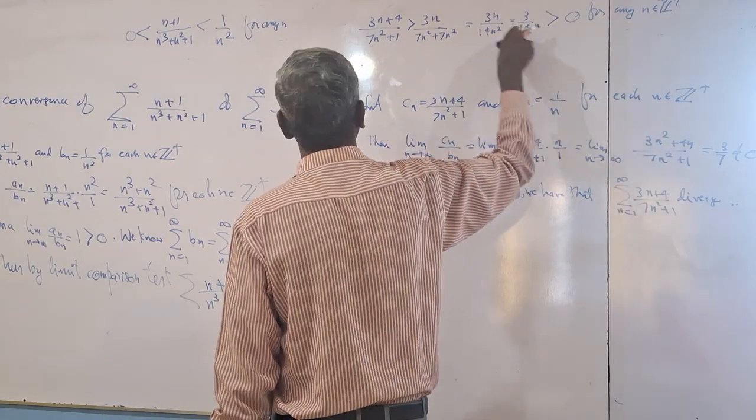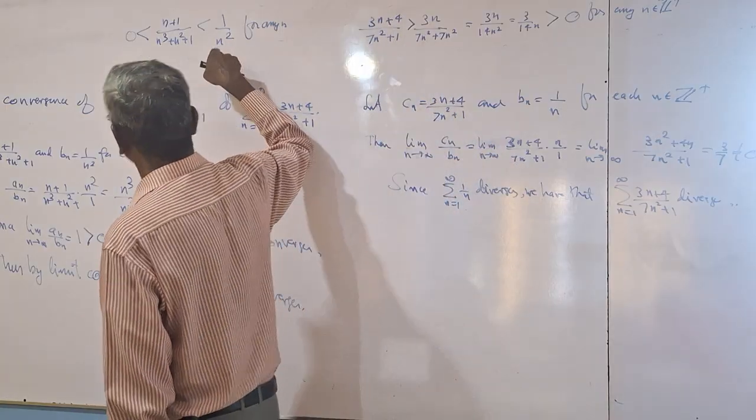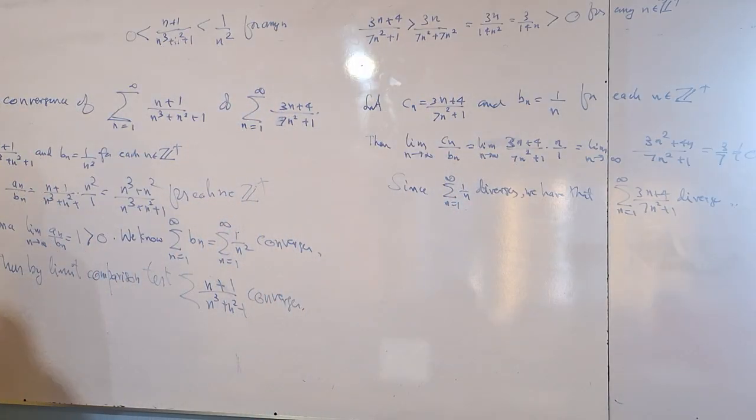So this one is divergent, therefore this is divergent. Here this is convergent, therefore this is convergent. These are very simple, but you need to know all of them.